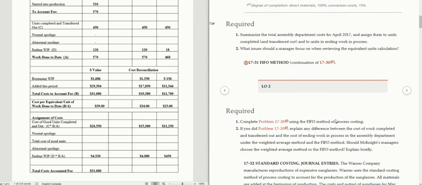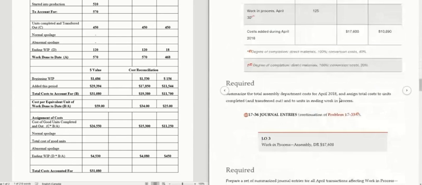So check that out, work on that on your own, because you should be familiar with both approaches. Now, what I want to do, though, instead is this problem 40.